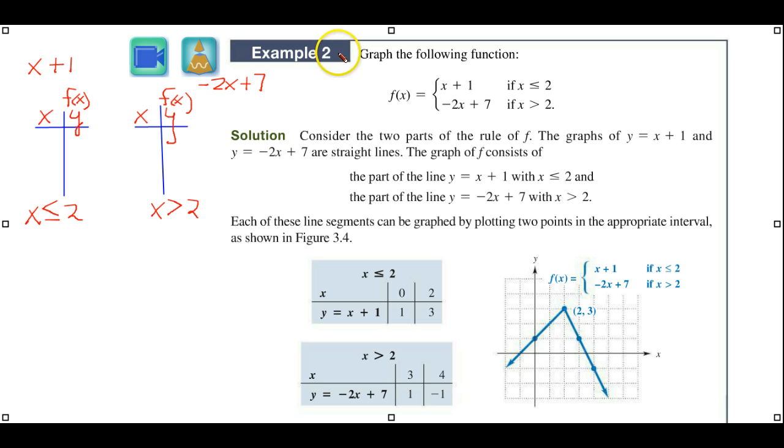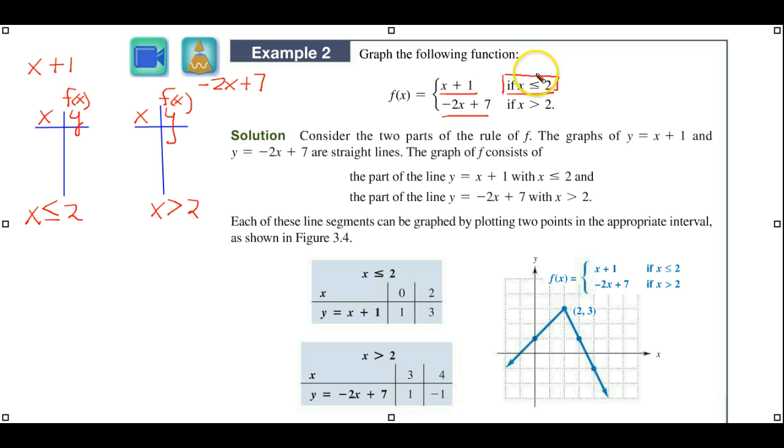So in example 2, we have, in a sense, two statements of function. f of x is this, f of x is this, and then there are what we call qualifiers, that for this part of the statement we say x is less than or equal to 2.